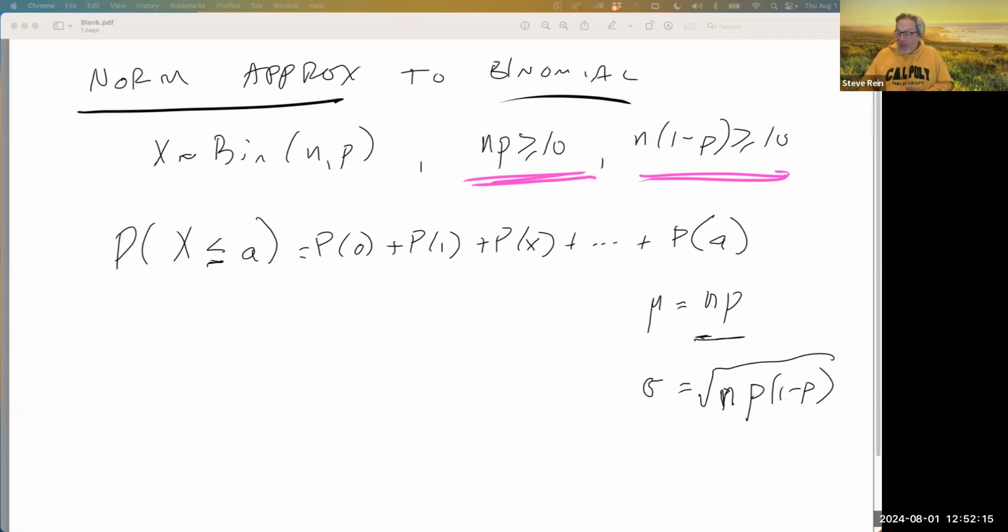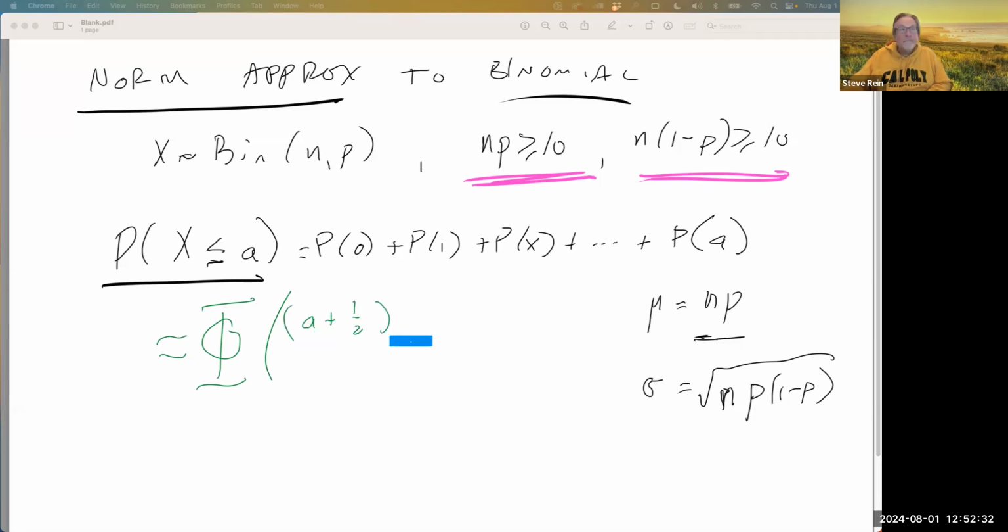And the chance that X is less than or equal to a is approximately equal to, so I'll switch colors for the approximation, the normal CDF value of a plus 1/2 minus mu, over sigma.